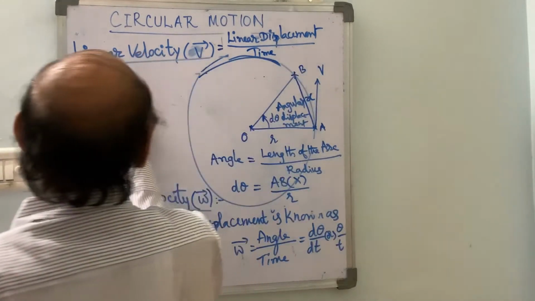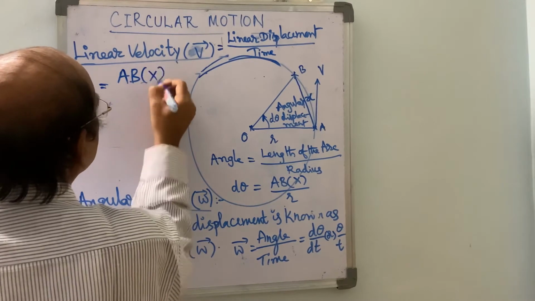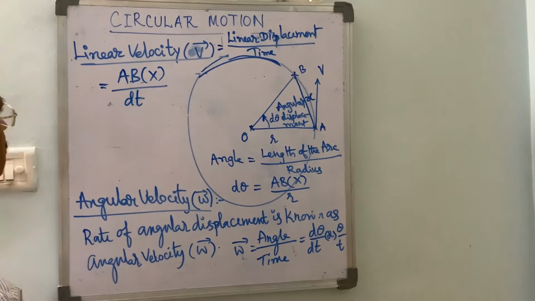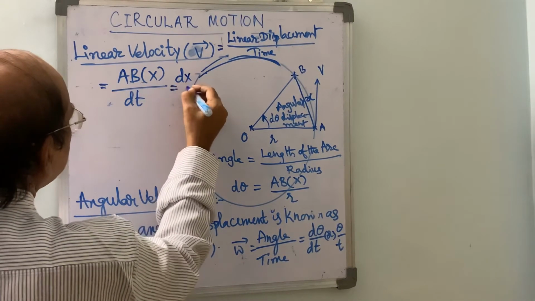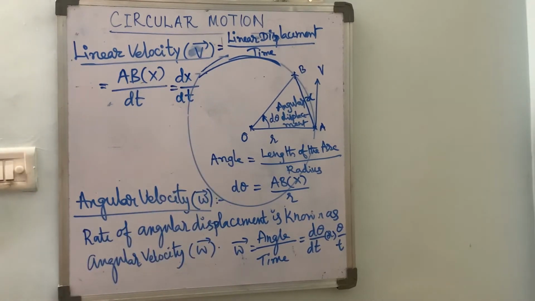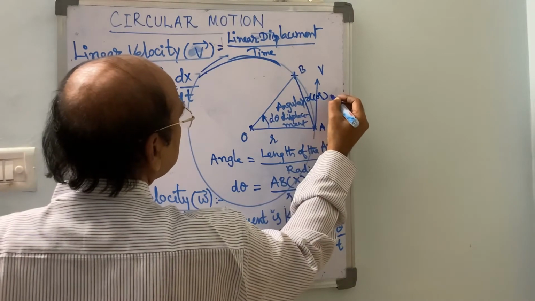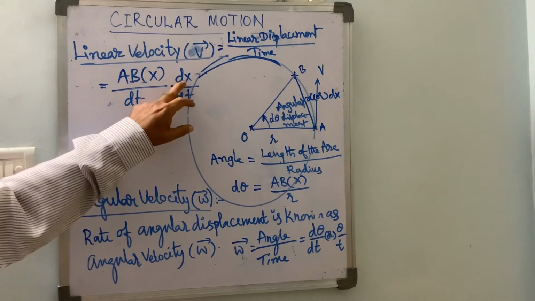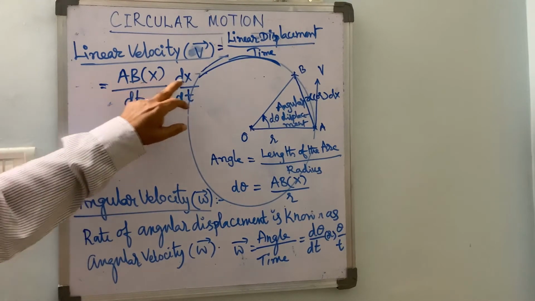Therefore, here linear displacement is AB, or length of the arc, by time dt. Or simply it may be written as dx by dt also. Here AB is equal to x or dx. If we write the displacement dx, then it is dx by dt or x by t.